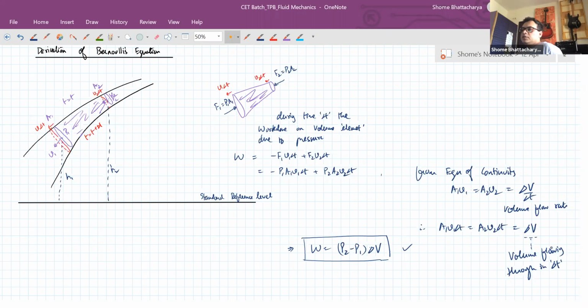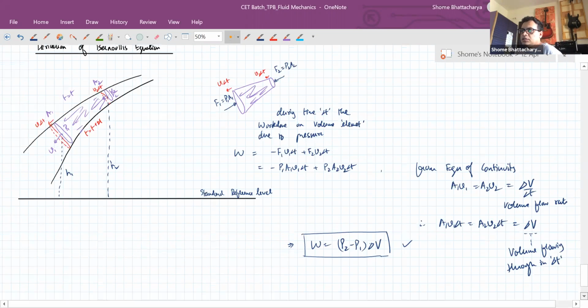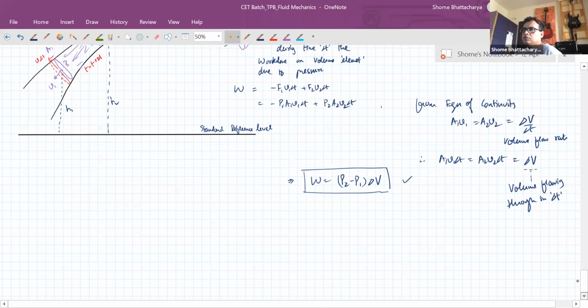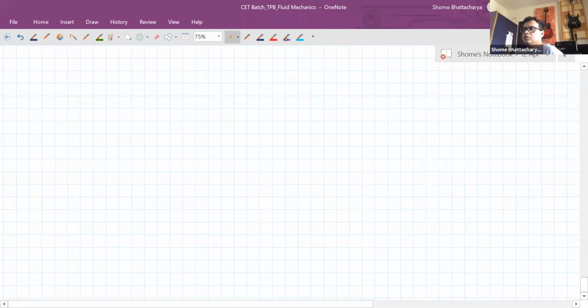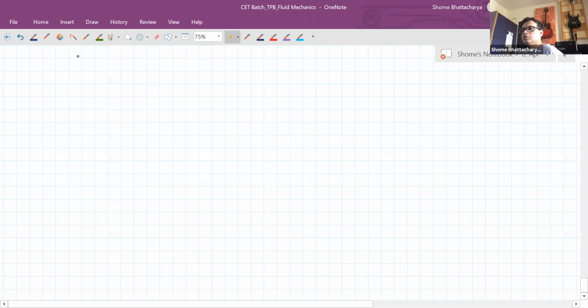Okay, now next up, let us consider the change in kinetic energy of this volume element in time delta t.